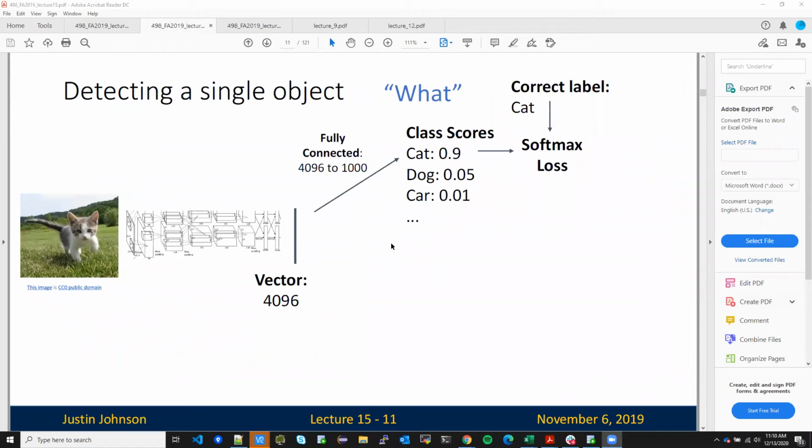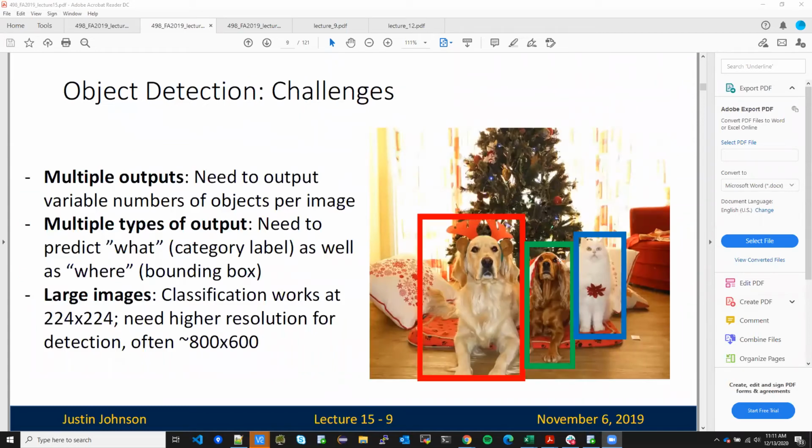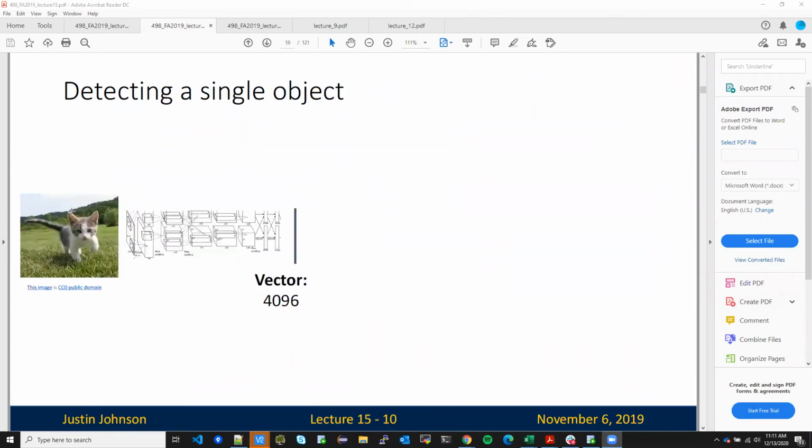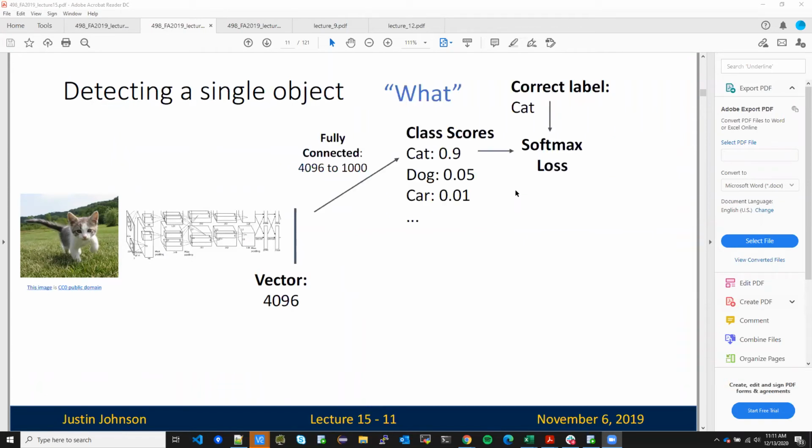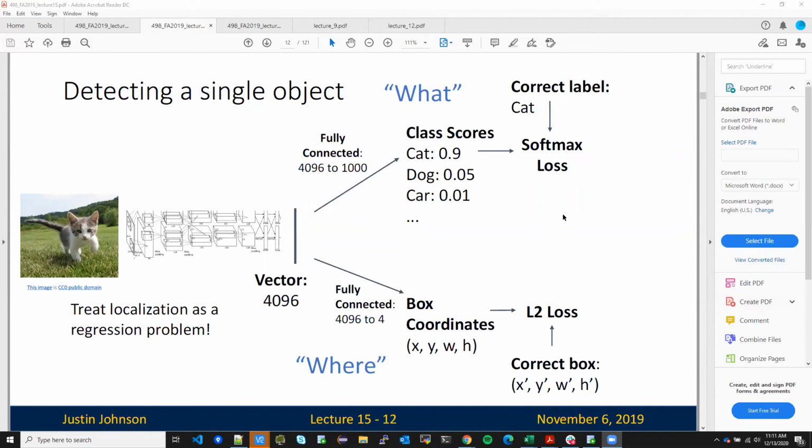Let's take the simple task. Here we are doing multiple objects, but let's say you just had to detect one object in the image. You could use the traditional classification we saw so far to say what is in the image.